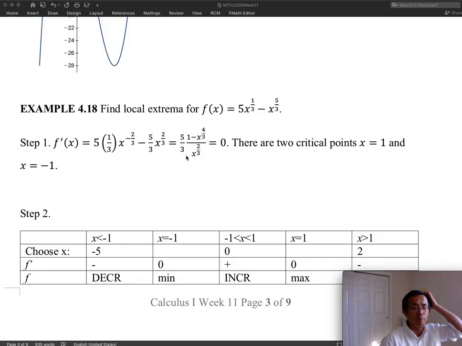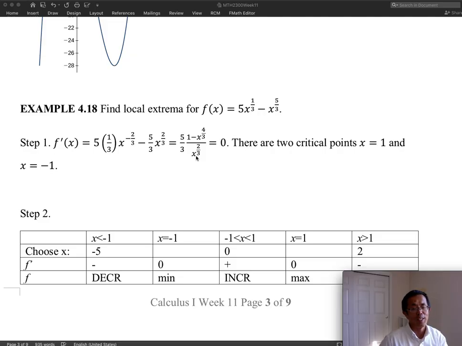To combine those 2 fractions, we need a common denominator. So I multiply x to the 2/3 into the second term too, so I can have x to the 2/3 as a common denominator. Then set this derivative equal to 0. Clearly, this 5/3 cannot be 0.